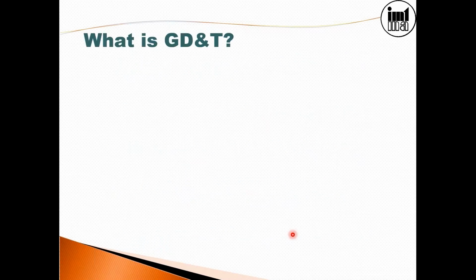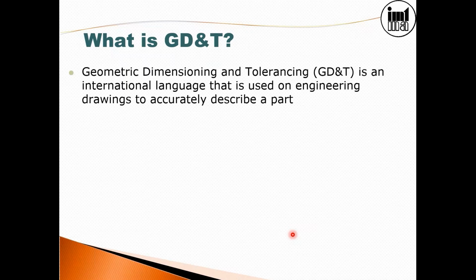Geometrical tolerancing is called GD&T, right? Geometrical dimensioning and tolerancing. What is GD&T? Geometrical dimensioning and tolerancing is an international language today that is used on engineering drawings to accurately describe the part. We are all engineers. We all communicate through the drawing.